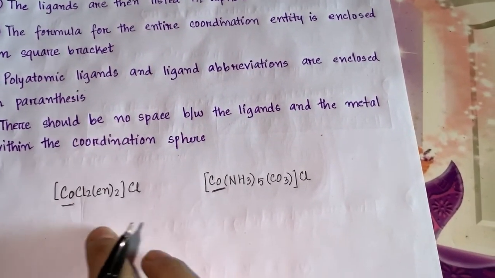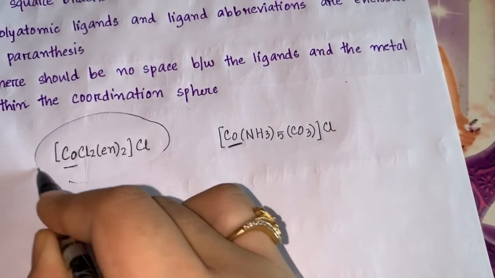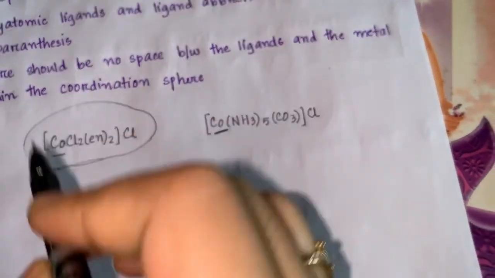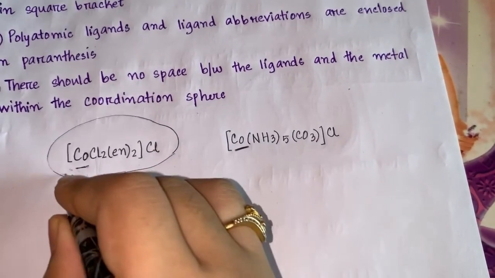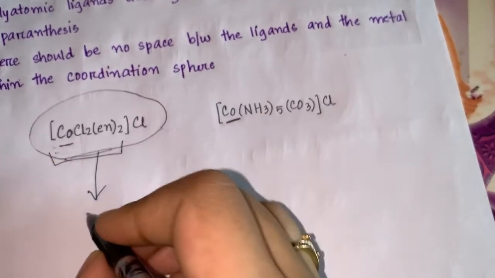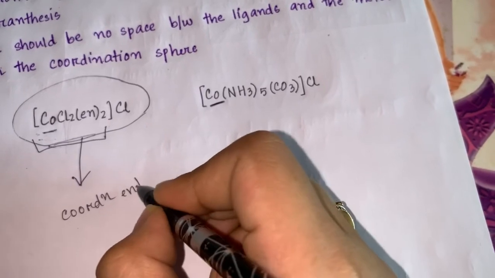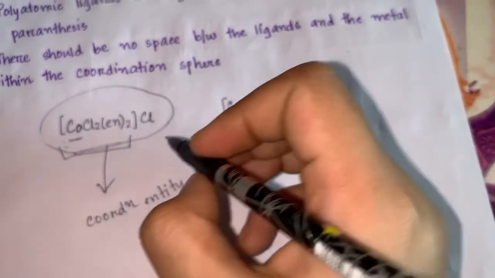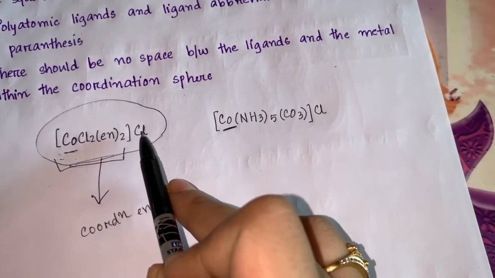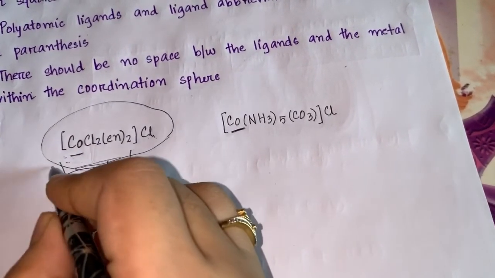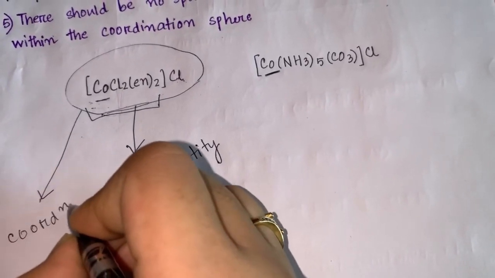The part which is present in the square bracket alone is known as the coordination entity. But if we talk about the entire compound including the chloride ion present outside, it will be called the coordination compound.